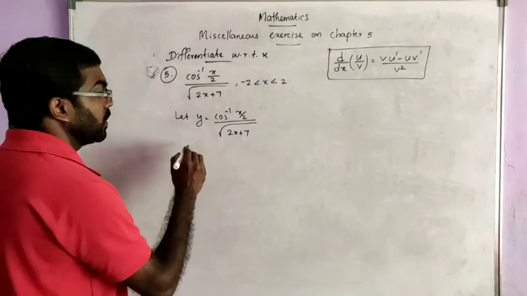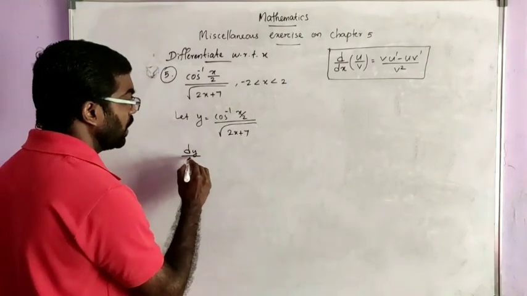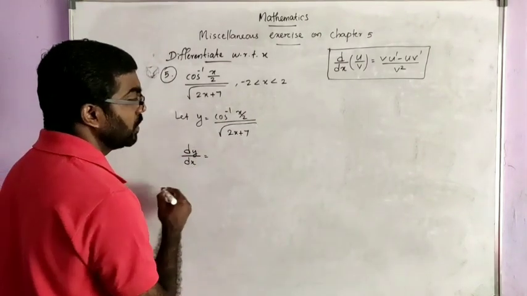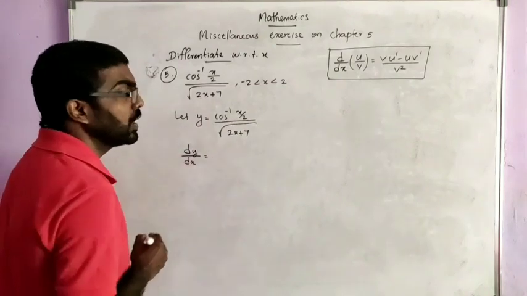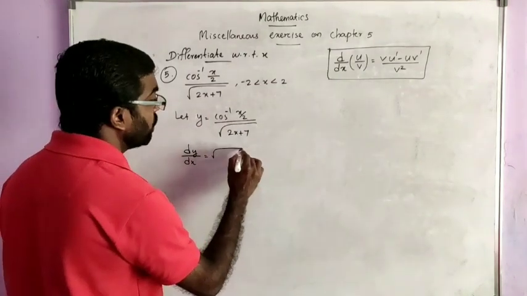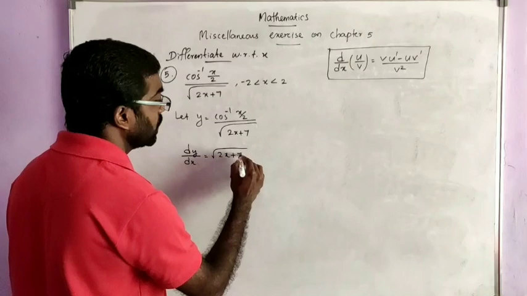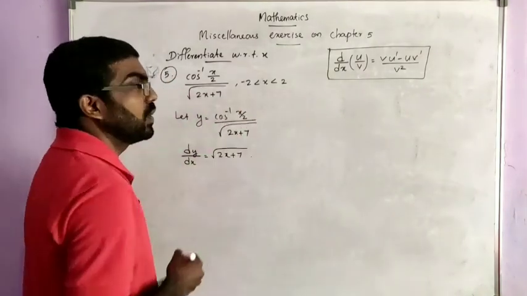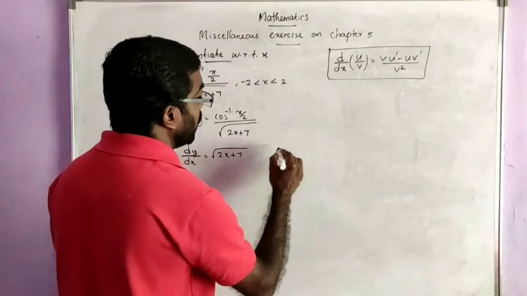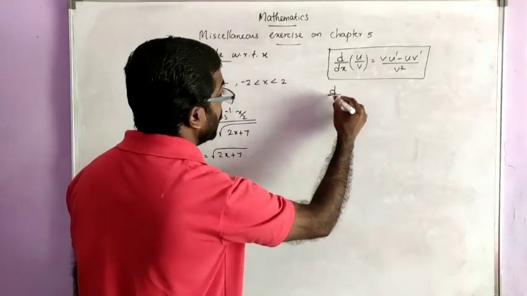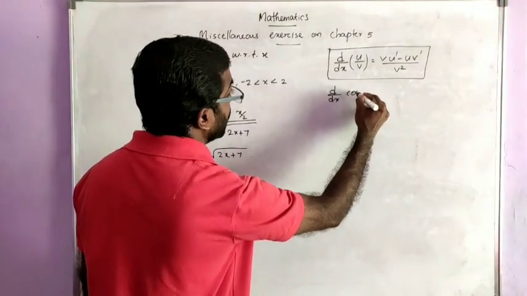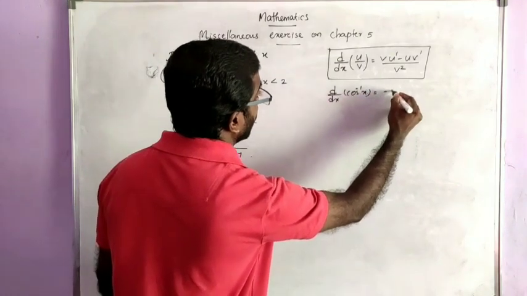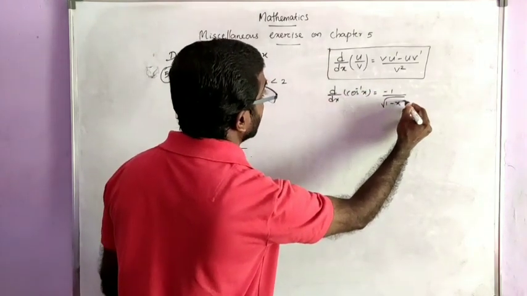Okay. So here dy by dx is equal to denominator. First we have to write the denominator and it is root of 2x plus 7. Then derivative of numerator, derivative of cos inverse x by 2. Derivative of cos inverse x is what? Minus 1 by root of 1 minus x square.